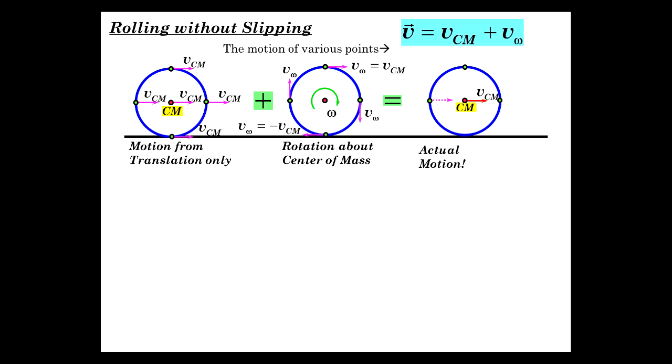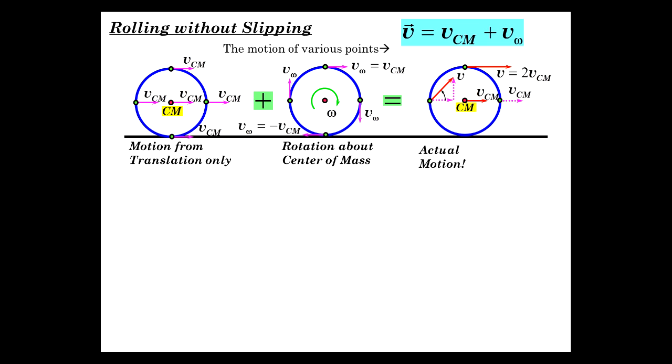And from the velocity of the center mass over here, we also have the speed of the center mass moving to the right. But now from rotation, we have a similar size vector moving up. So the combined effect is this v here. On the top, we have the motion of the center mass plus VCM as a result of omega, so it just doubles the speed.